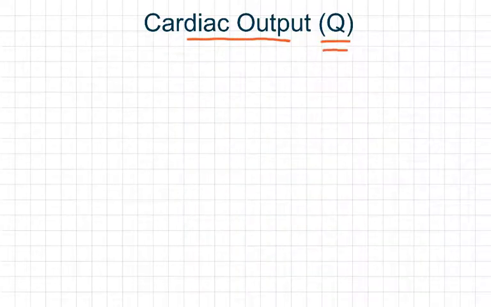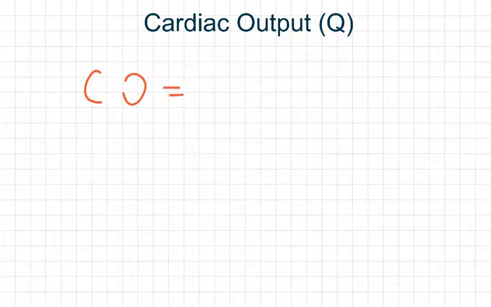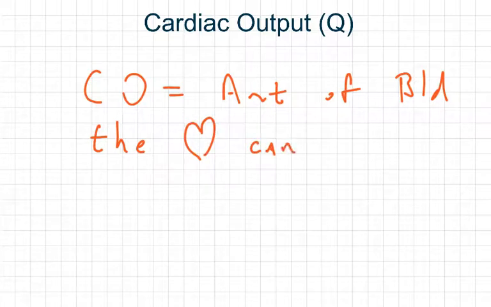You also sometimes see this as Q. Cardiac output is the amount of blood that the heart can pump in 1 minute. Okay?